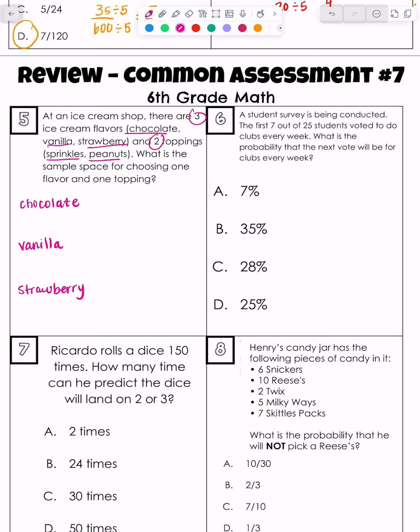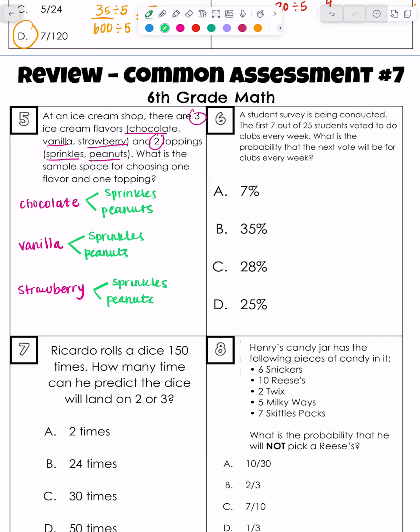And when you choose chocolate, you can either have sprinkles and peanuts. When you choose vanilla, you can also get sprinkles and peanuts. Same thing, strawberry is sprinkles and peanuts.